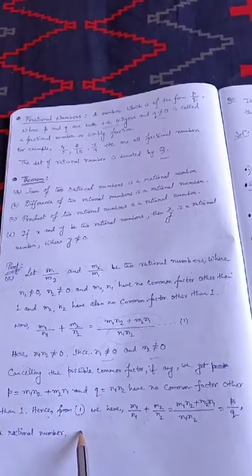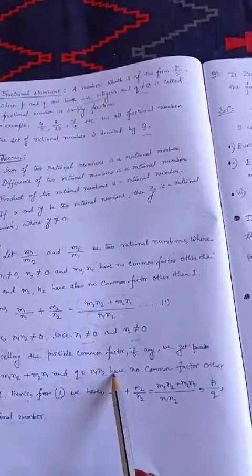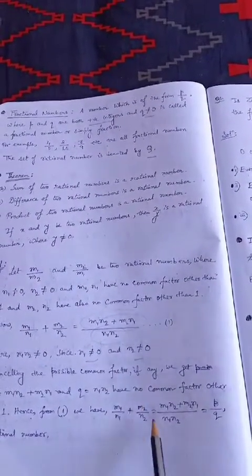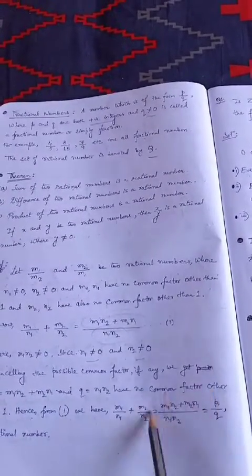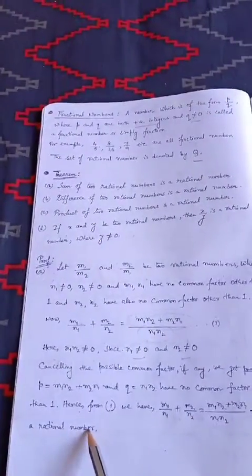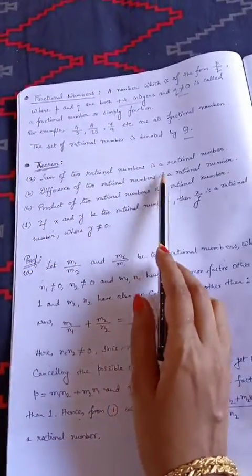So from equation 1 we can write that m1 by n1 plus m2 by n2 equals (m1 n2 plus m2 n1) by n1 n2, that is in the form of p by q, a rational number. So the sum of two rational numbers is a rational number.